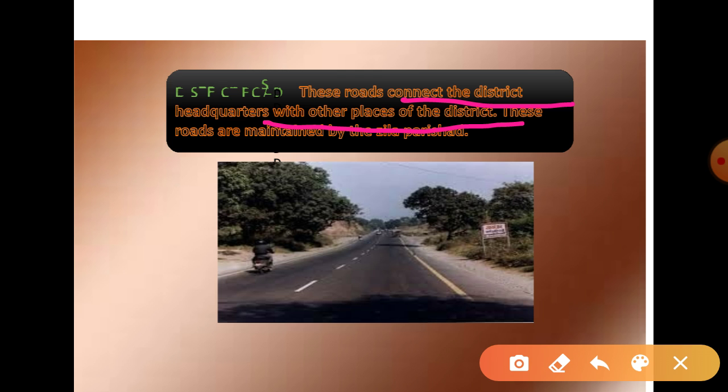They are called district roads. These roads are maintained by the Parishad, which means the local government. So national highways are authorized by the central government, state highways by the state government, and district roads are authorized or maintained by the Zilla Parishad, meaning the local government.